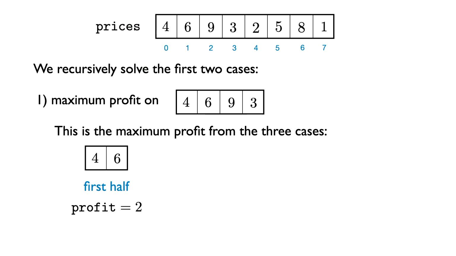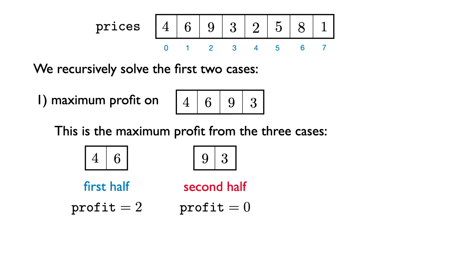And just so the example does not get too long, I'm going to stop the recursion here when we get to instances of size 2. So when the size is 2, we can directly see in this case that the maximum profit is 2. Right? Basically, our only two options are do nothing or buy on day 0, sell on day 1. Okay, so the maximum of those two cases here gives us profit 2.